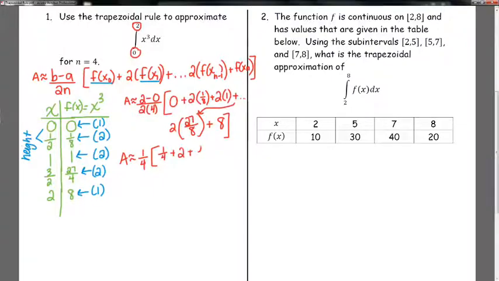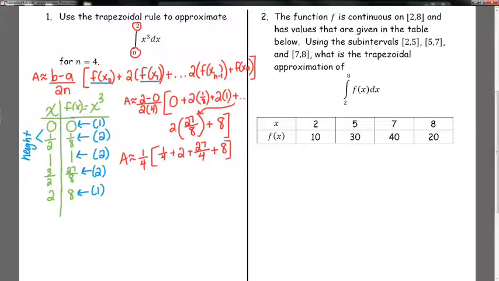Yeah, I did. Sorry, I didn't cube it, I squared it. This is supposed to be 1/8. Sorry about that, guys. Oops, that's not my eraser. There's my eraser. Alright, so then I'm going to have 27/4. And then finally plus 8.